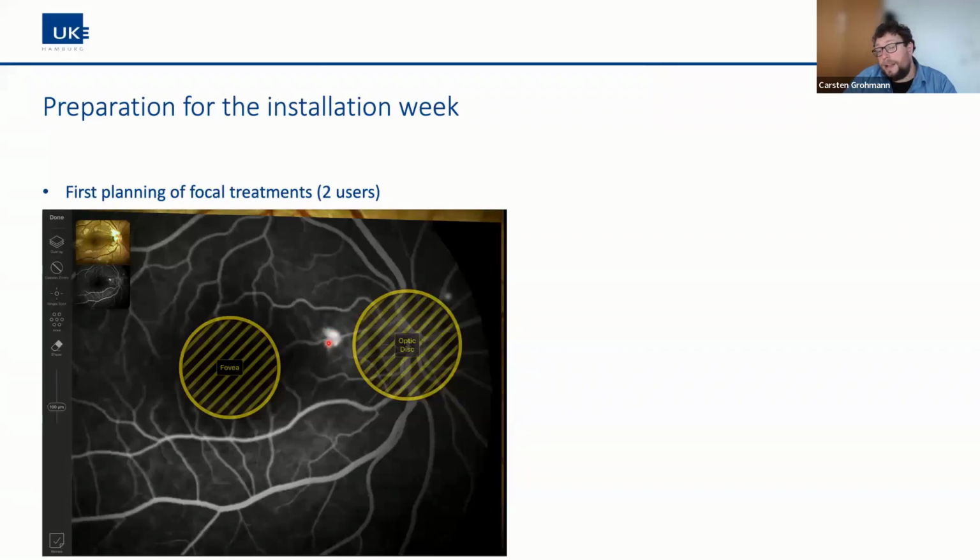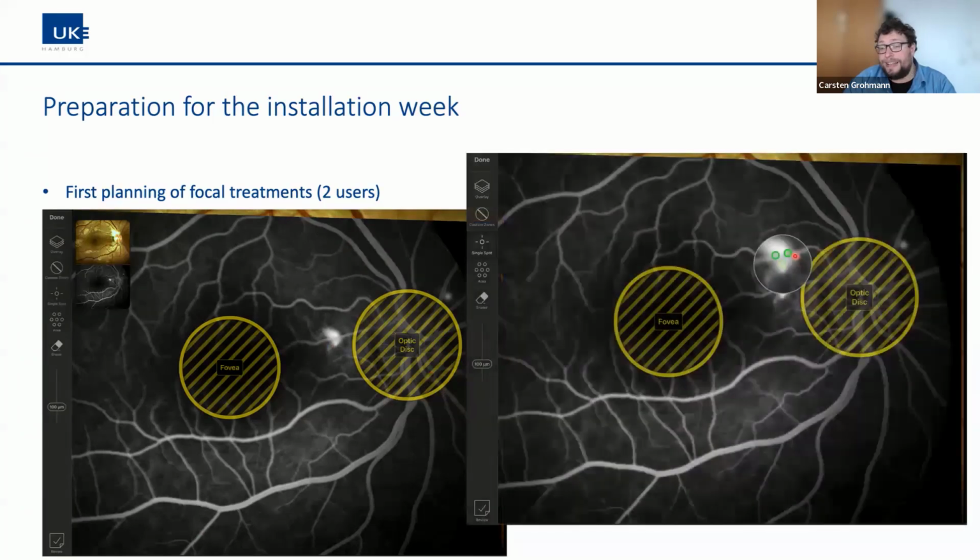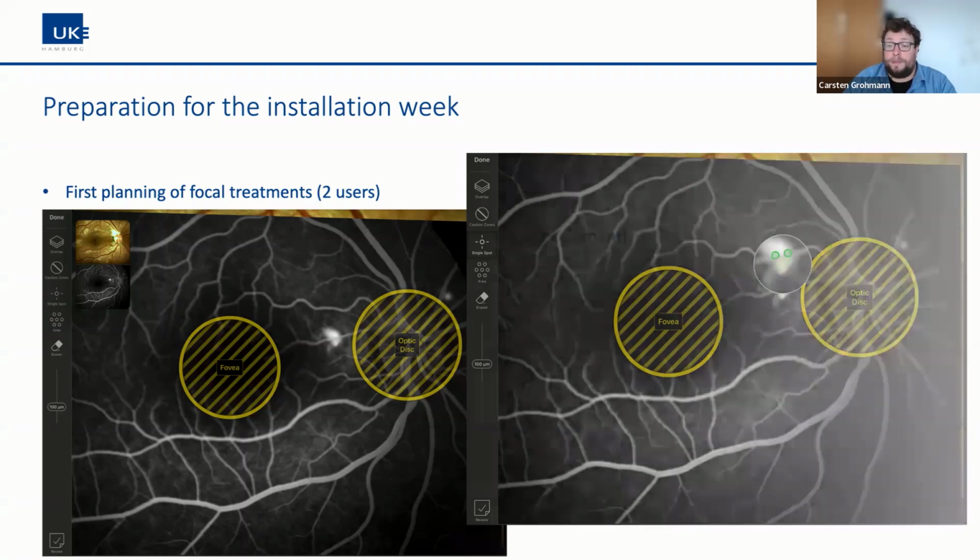I really like the capabilities of the laser for the segmentation and also the registration of the fluorescein angiography with the current fundus image seen by the laser. You can see over here. So therefore, we can plan on the fluorescein angiography image, and the spots are also transferred to the actual registration we can see in the background.